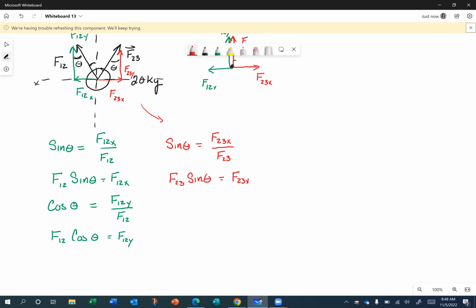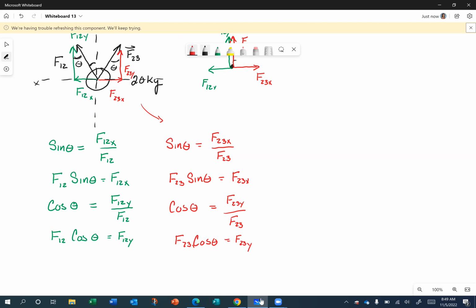The cosine function will go with the y component, equal to f(2,3)y divided by f(2,3). f(2,3) cosine theta is equal to f(2,3)y.